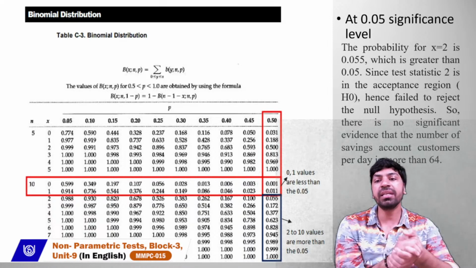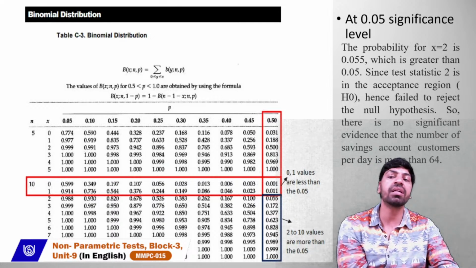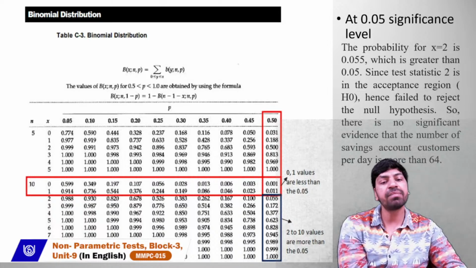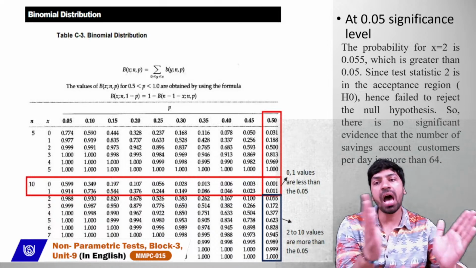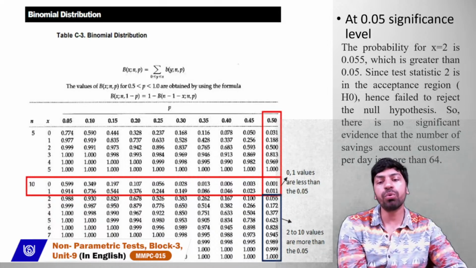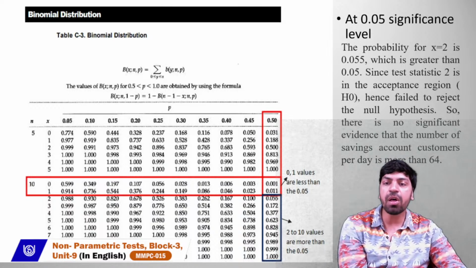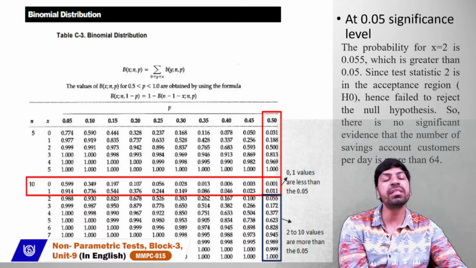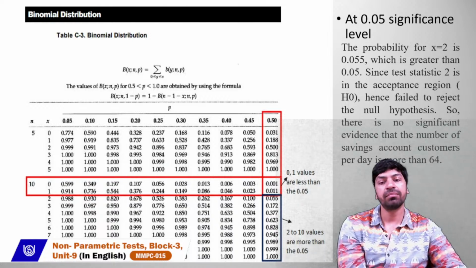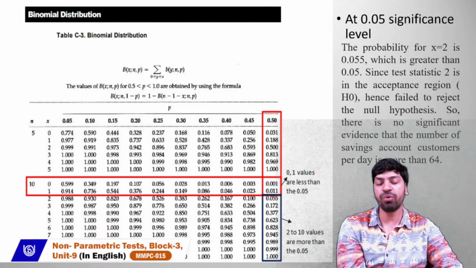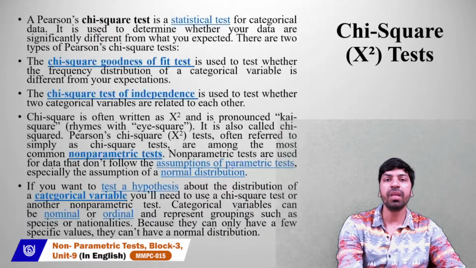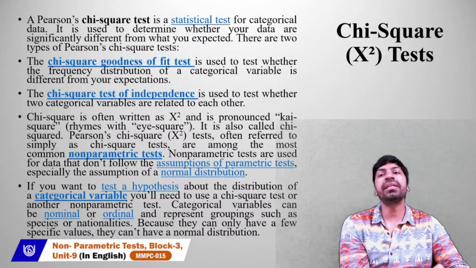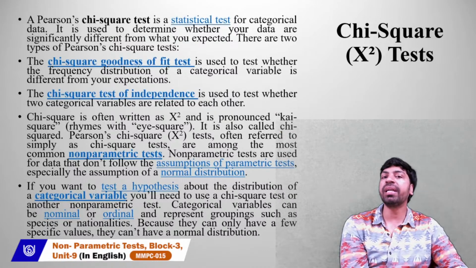So there is no significant evidence that the number of saving account customers per day is more than 64. This is how this question is solved using the one sample test. So let's begin with another test, called the chi-square test.